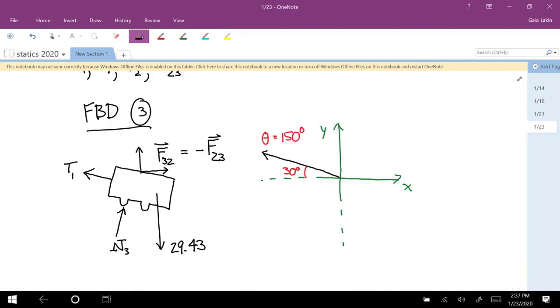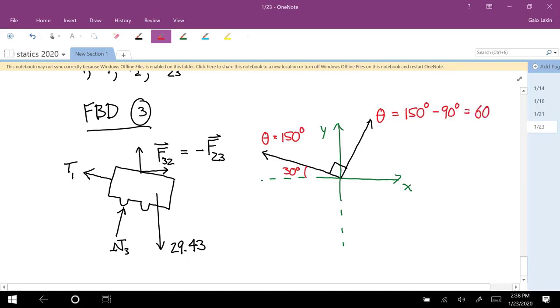And then we need the normal force, which is perpendicular to this. So if you go from here, you go 150, you're pointing that way. Now backtrack 90, so subtract 90, and you get 60. Well, we've already had that angle, I guess. So theta is equal to 150 minus 90, so 60.